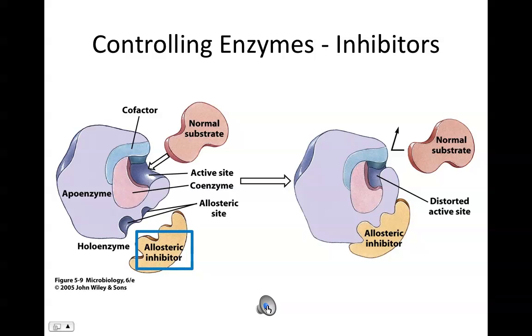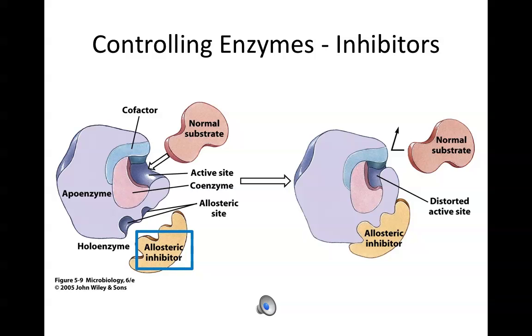In addition to allosteric inhibitors, there are some allosteric activators that can be found in nature. Just take a look at that illustration of the chemical reaction and imagine it's going the other direction. If we have an allosteric activator attached to the allosteric site, we have sort of a modified active site that substrate cannot bind.